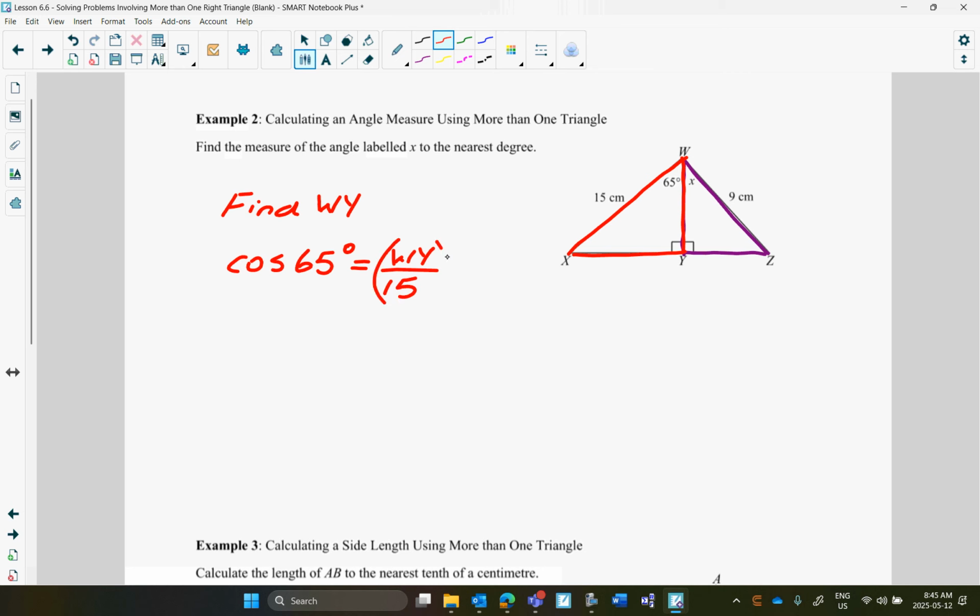Get rid of the fraction by multiplying both sides by 15. That gets WY by itself. So WY is going to equal 15 times the cos of 65. The other ones are to the nearest whole number. So what's this one to the nearest whole number? 6.